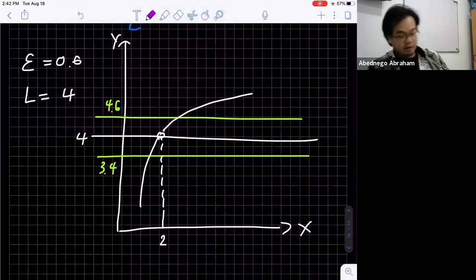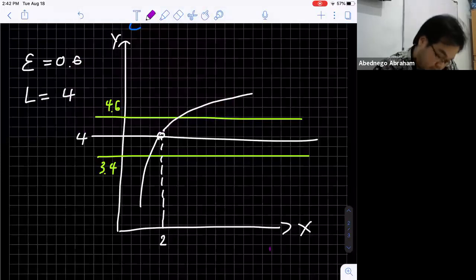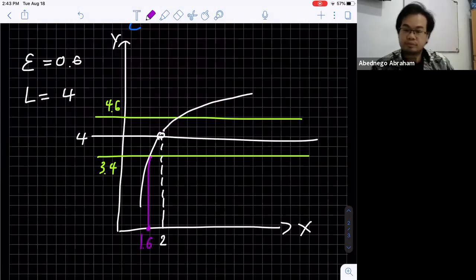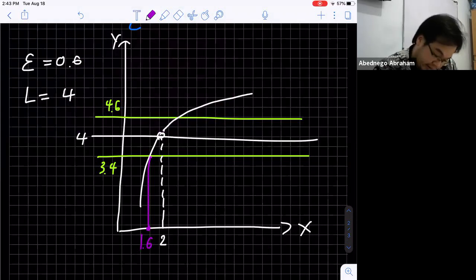When the f(x) is 3.4, if we try to find the value of x here, then the value of x is given by your book as 1.6. Okay, and then when the y is 4.6, then the x is actually around 2.8.